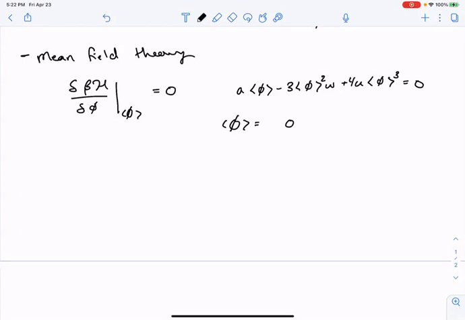If I factor out a phi, that is a possible solution. But in addition, there are 2 other solutions, at 3w over 16u plus or minus the square root of 9w squared over 64 minus a by 2w. Solution of the quadratic equation.